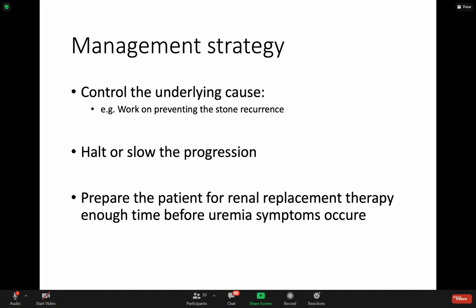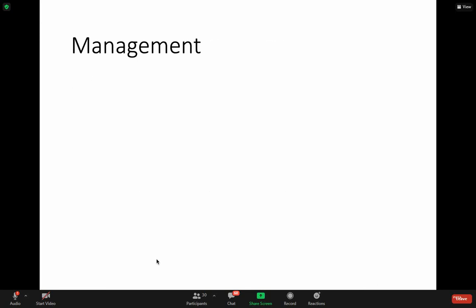I can't use it within these 8 weeks. وبالتالي I have to keep that in my mind. I have to plan the dialysis or renal replacement therapy ahead of time قبل ما يوصل للمريض ل end stage renal disease أو يعني requiring dialysis أو renal replacement therapy.